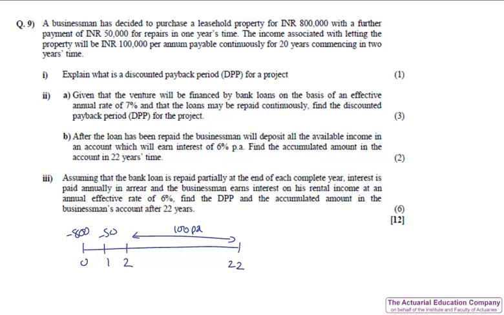So you can work with accumulated values, or you can work with present values. Doesn't make any difference. I'm going to work with present values, and we can see that since the first 2 years are outgoes, we're going to break even somewhere between 2 and 22 years. So net present value is minus 800, minus 50 in 1 year's time, and then we've got this 100 per year, starting in 2 years' time, and pay continuously.